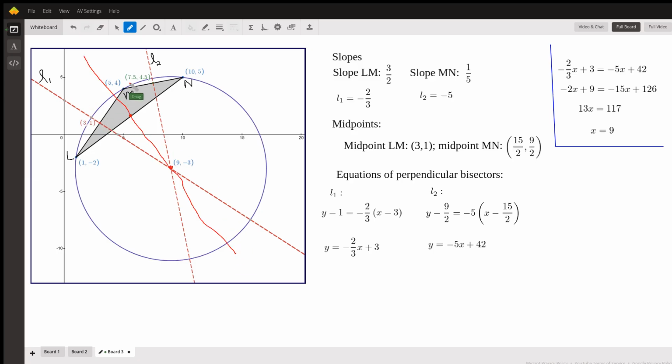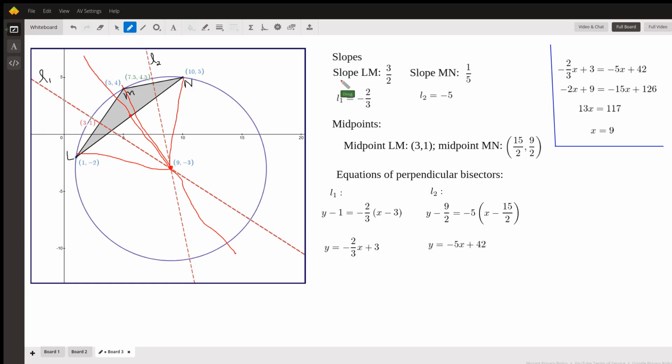So if you find the equations of 2 of the perpendicular bisectors and then find where those 2 perpendicular bisectors intersect, that's the circumcenter, because this point is the same distance from the endpoint of this segment as it is to that vertex, and so on, because they're on the perpendicular bisectors.